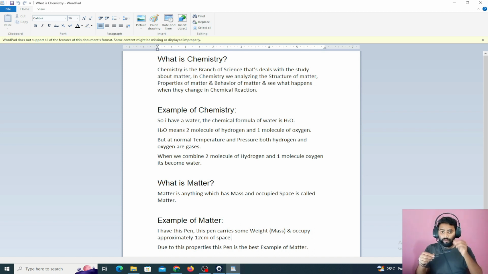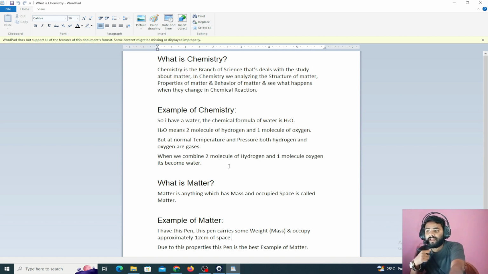Okay, now let's move towards the best example of chemistry. The best example of chemistry is water. Okay, so I have some water. The chemical formula of water is H2O. H2O means two atoms of hydrogen and one atom of oxygen, but at normal temperature and pressure both hydrogen and oxygen are gases.